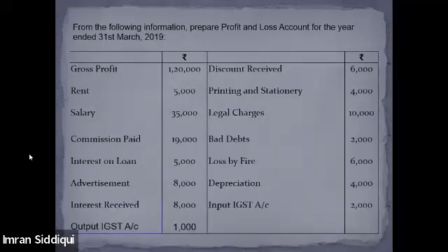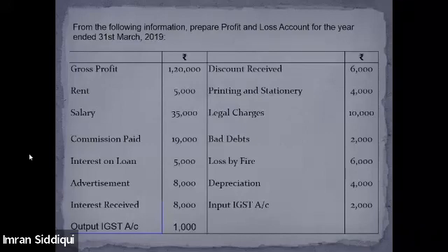Commission paid 19,000. Right. Interest on loan 5,000. Advertisement 8,000. Legal charges 10,000. Bad debts 2,000. Loss by fire 6,000. Depreciation 4,000. That's it, sir.